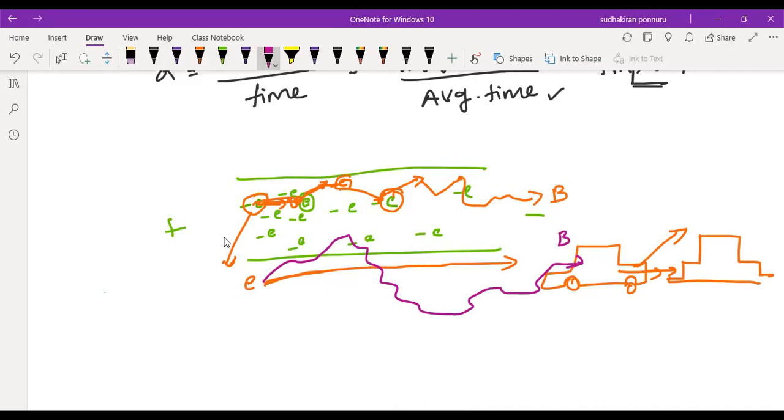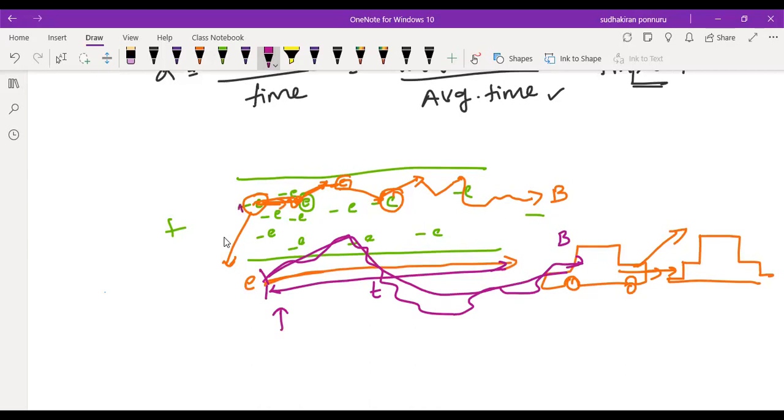Because of that, from here to here, if this is time t, for this electron the t has increased because of the collisions.